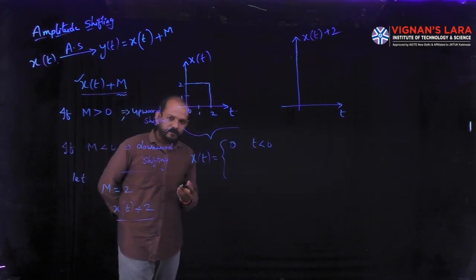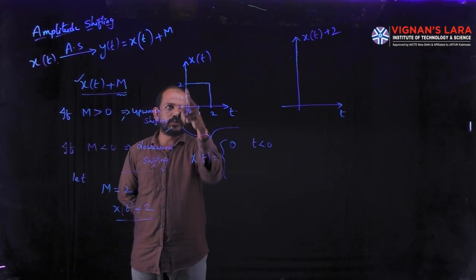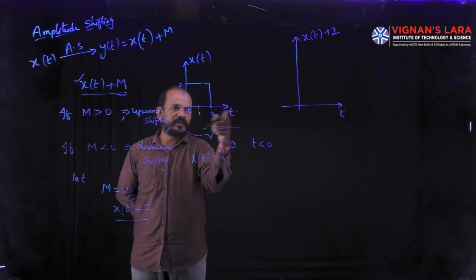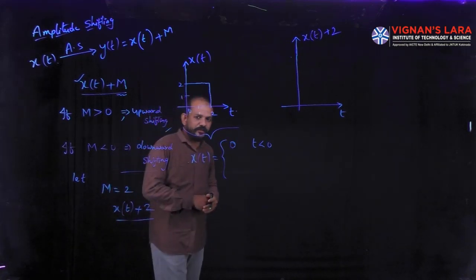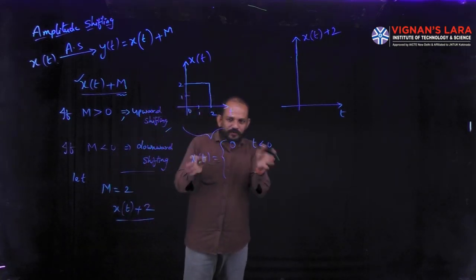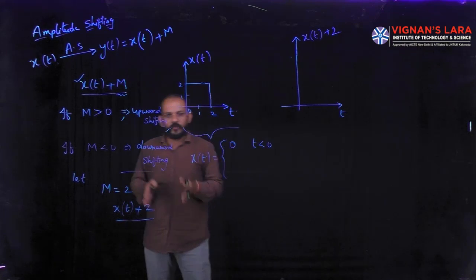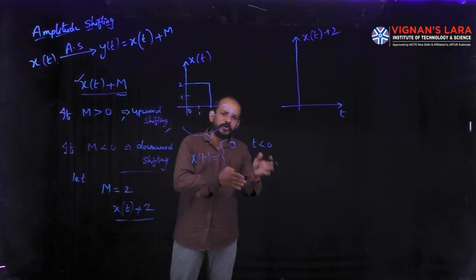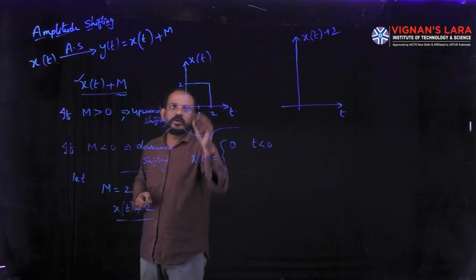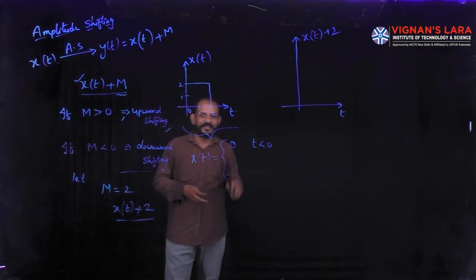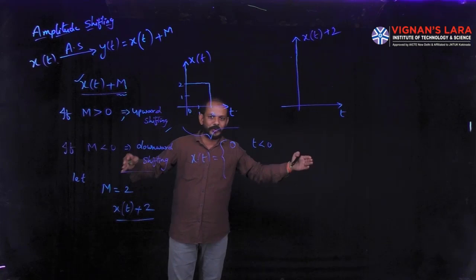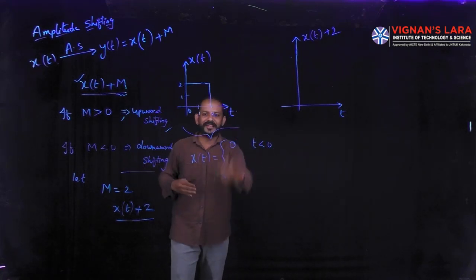In the same way, x of t equals 2 when t is between 0 and 1, and between 1 and 2, the amplitude of the signal is 2. That is, when t is between 0 and 2, the value of x of t is 2.